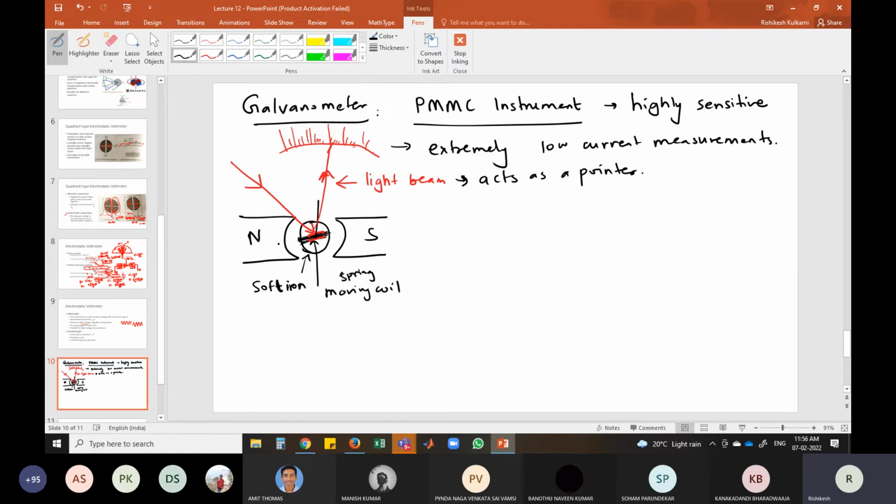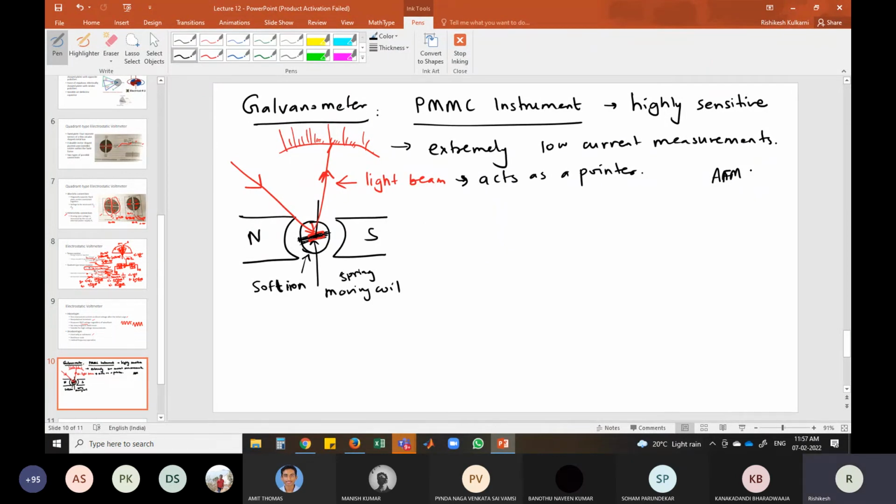So these types of instruments are known as galvanometers, and they basically fall under PMMC instruments only. In fact, a similar principle, the deflection of the light beam as the measurement of deflection, or displacement or rotation, is utilized, if I'm right, in AFM for imaging atomic scale elements.